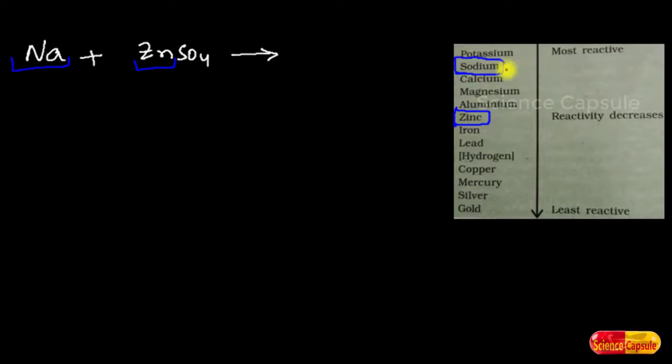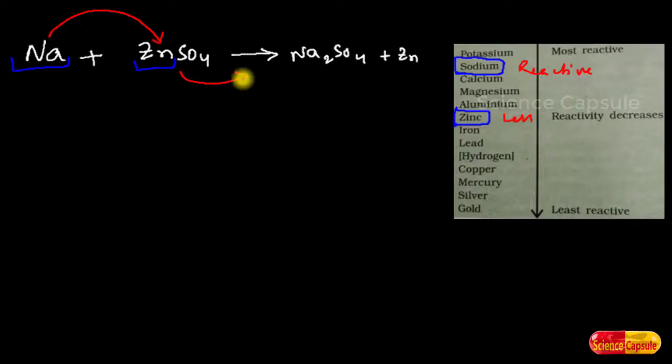So in this case, sodium is the reactive metal and zinc is less reactive. So it is very clear that sodium is capable of removing zinc from zinc sulfate solution. In that case our products would be sodium sulfate, that is Na2SO4, plus zinc. Clear? It is the activity series which helped us identify the reactivity of sodium and zinc.